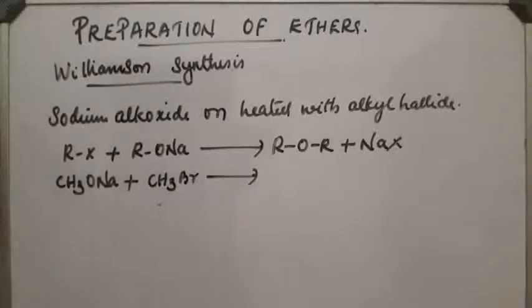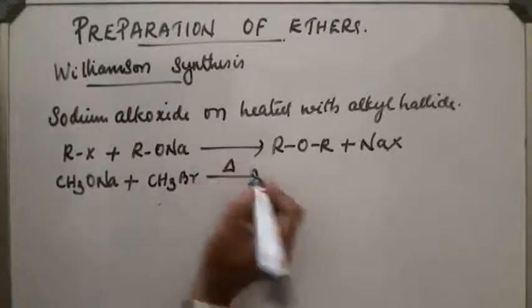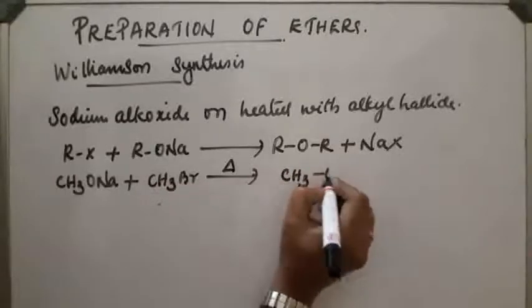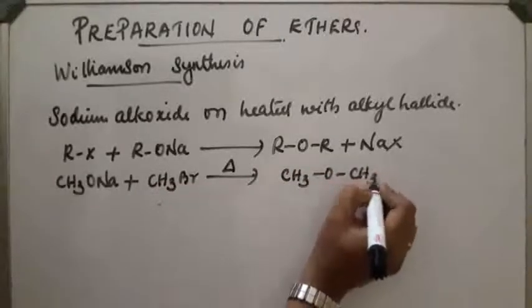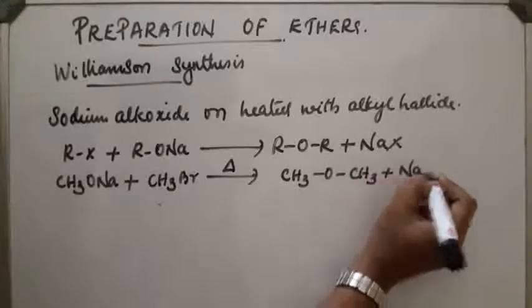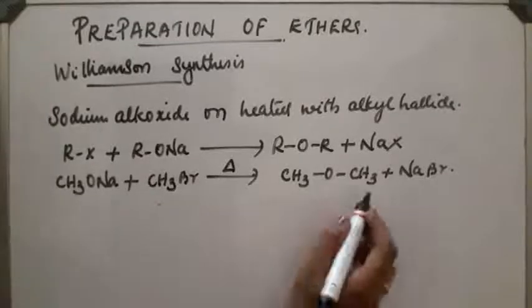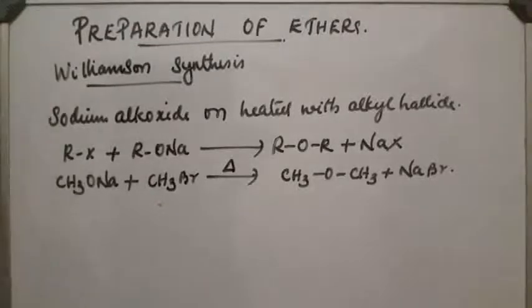On reaction and heating, it gives CH3OCH3 plus NaBr. We can also use C2H5Br, ethyl bromide. We will get an unsymmetrical ether, CH3OC2H5.